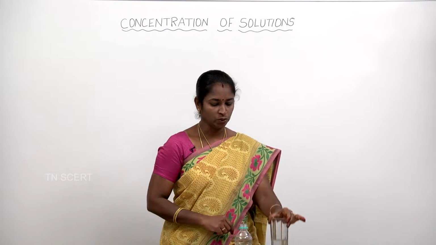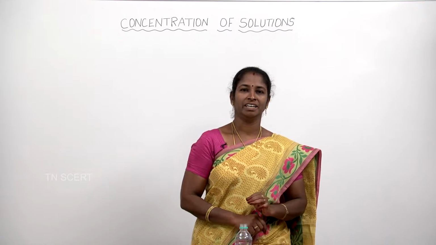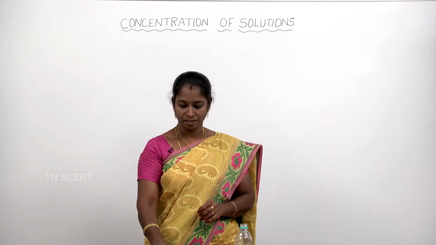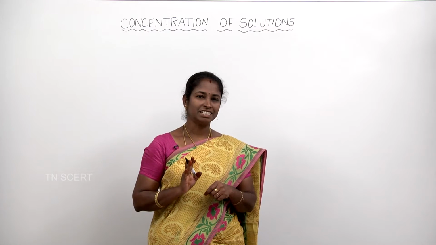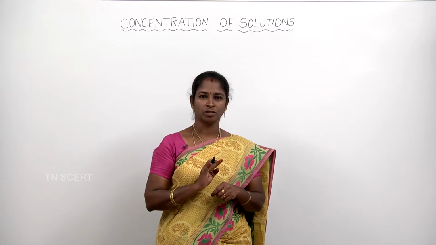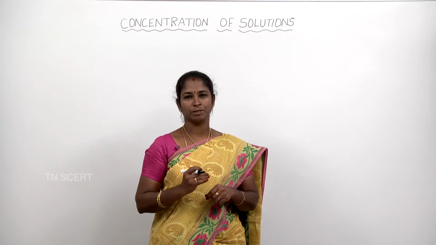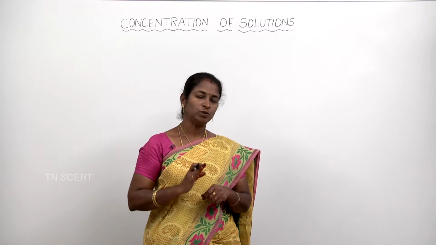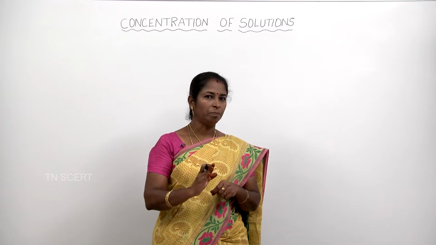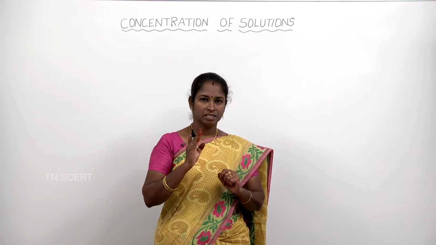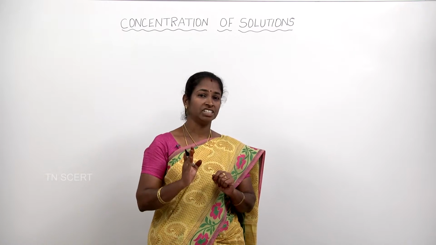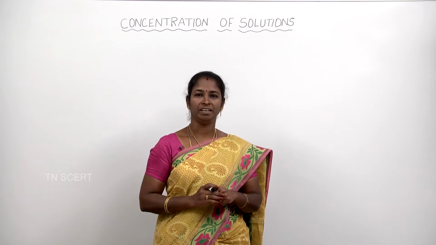The amount of solute and the quantity of solvent can be expressed in many units. Say for example, the amount of solute as well as the quantity of solvent can be expressed in grams, kilograms, milliliter, liter or moles. All these units can be used to express the amount of solute and solvent. So, depending upon the unit used, the concentration of a solution can be expressed in many methods.